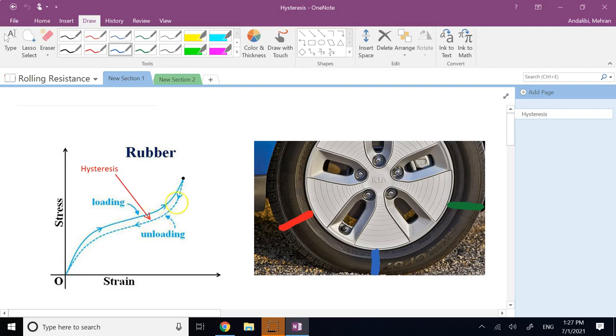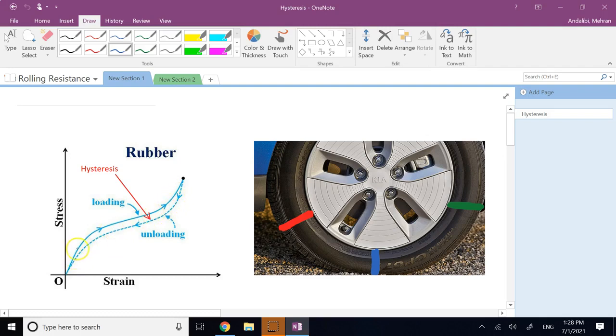So the loading and unloading curves are different, and there is an area between them which corresponds to, as you know, the area under the stress strain curve is energy, correct? This is energy per volume. So here is an energy that is lost. Because here you are applying some energy, but it is not giving you back the whole thing. It is storing a little bit of it and converting it into sound and heat.